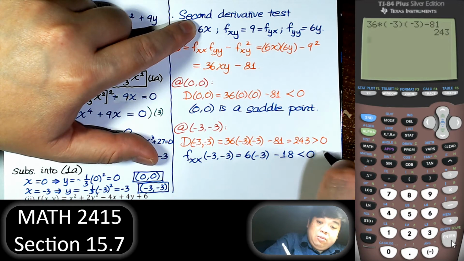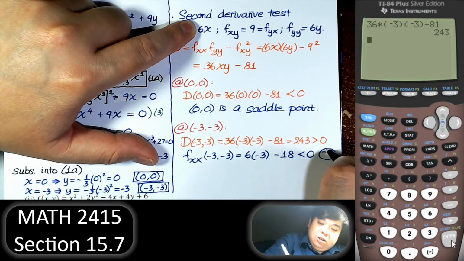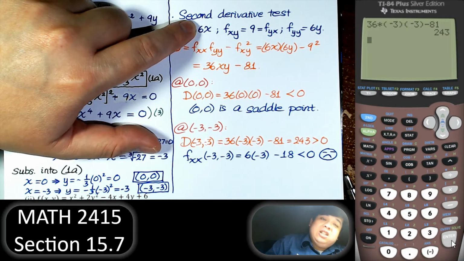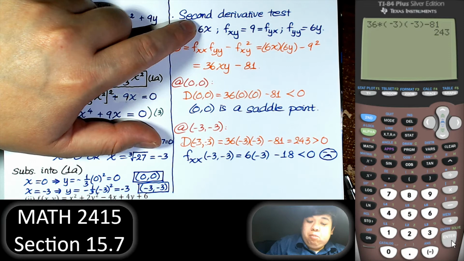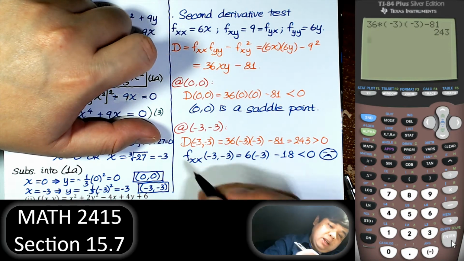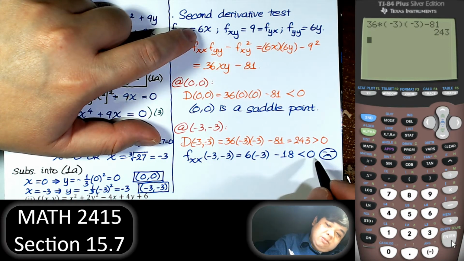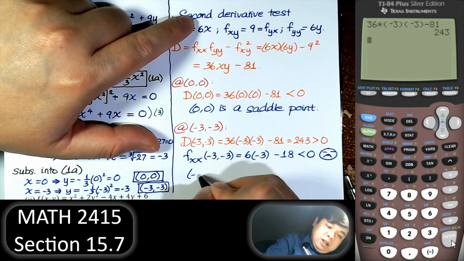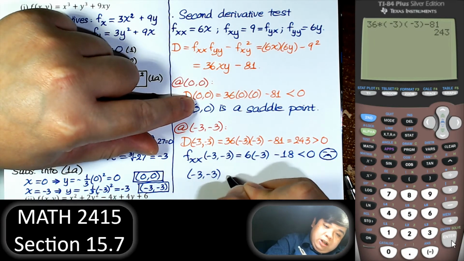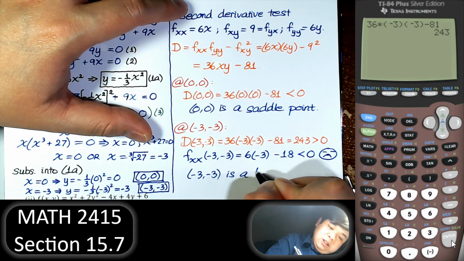So that is a local max, because it is negative definite.